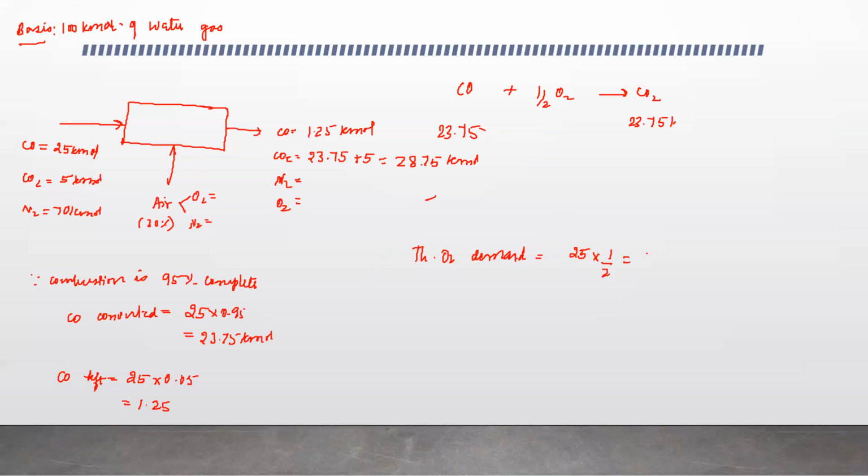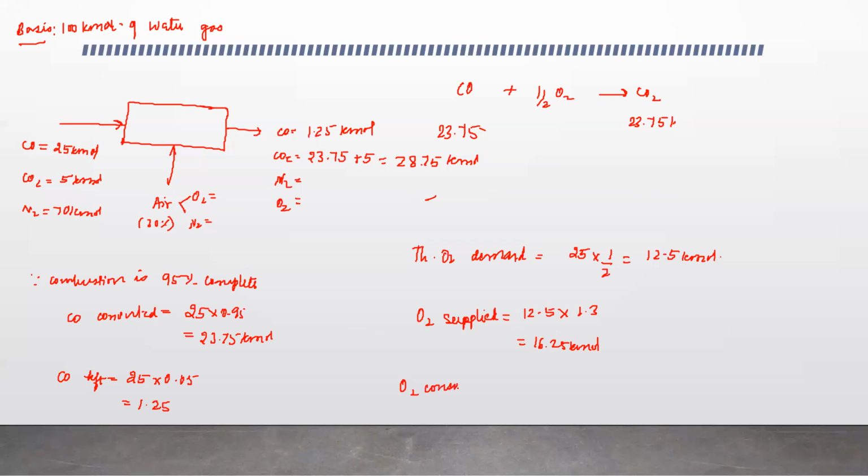So 25 into 1/2, that is 12.5 kilomole oxygen. That is the theoretical oxygen demand. Since oxygen is supplied in 30% excess, oxygen supplied is 12.5 into 1.3, which is 16.25 kilomole.